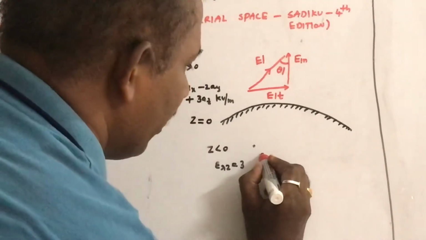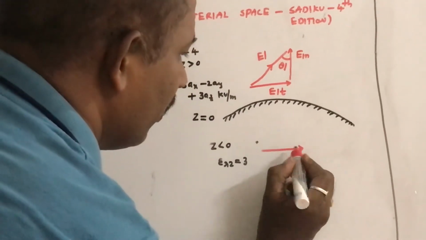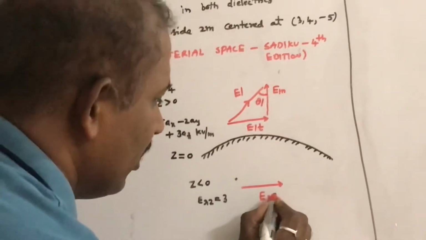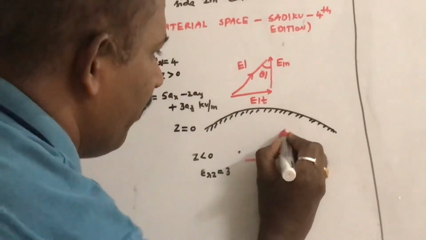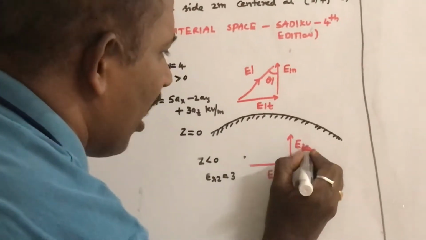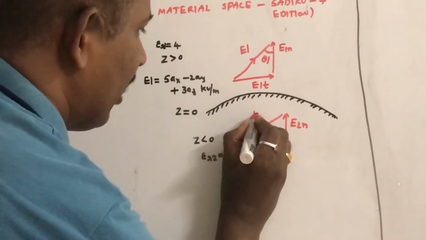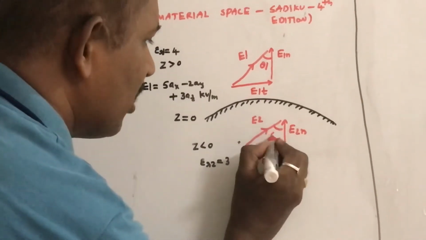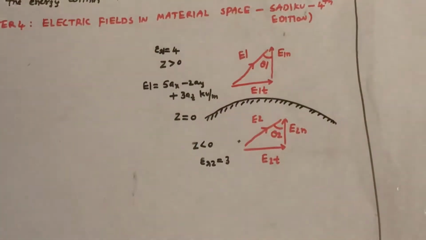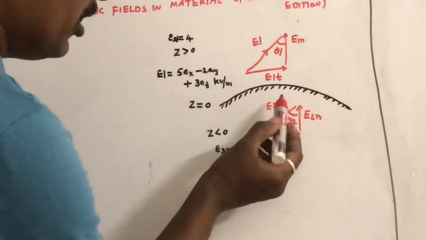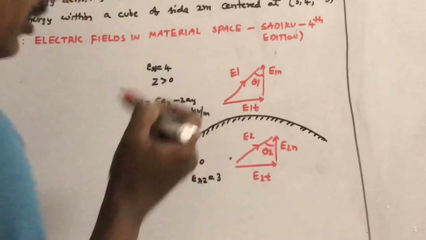Similarly, resolve E2 in the same manner. This is E2t, the tangential component to the boundary, and E2n is the normal component to the boundary. This is E2, which we want to calculate. This angle with respect to the normal is theta 2. So we want to find E2, theta 1 and theta 2.